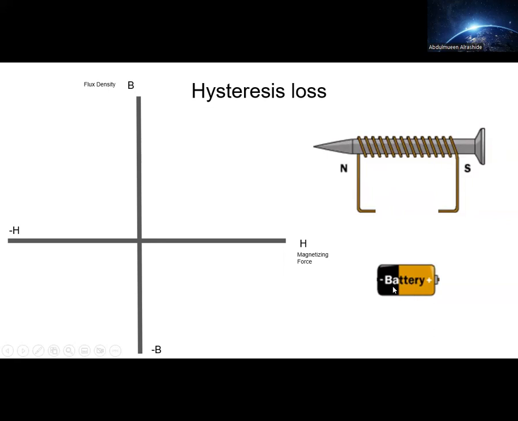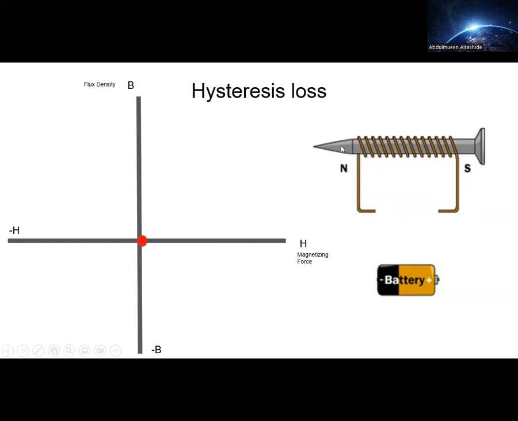We usually talk about AC when we talk about power systems, but I'm going to use DC to illustrate the concept of hysteresis losses in this case. Now, the x-axis is the magnetization force created by the wire. Sometimes they represent the x-axis by the current going through the wire, which is almost the same thing.